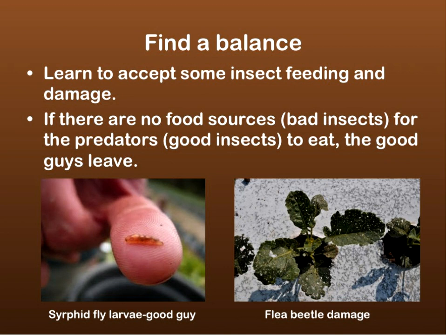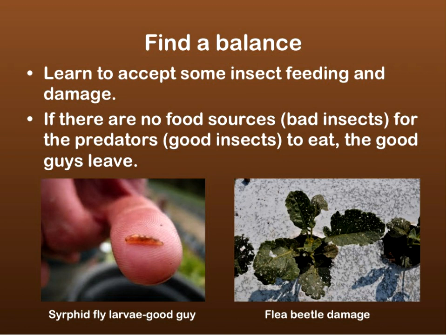Probably one of the toughest things for people to get used to in an organic garden is you're going to have some damage. And we actually encourage this a bit, because if we want to have predator insects out there to help control the bad insects, you've got to have some food around there for those predators.